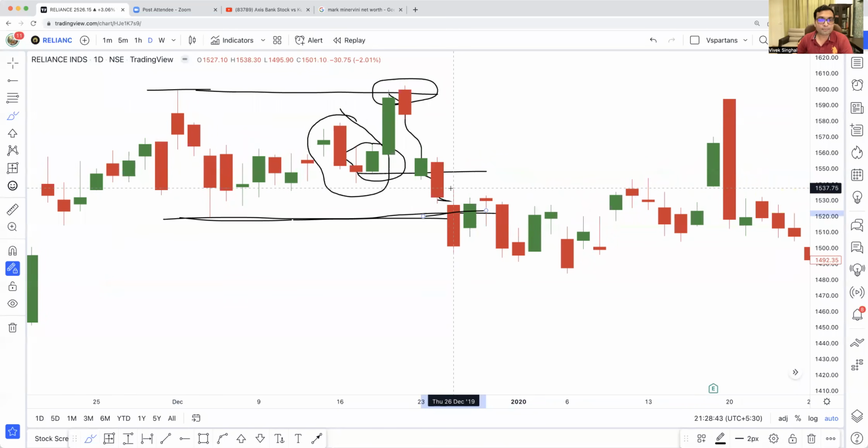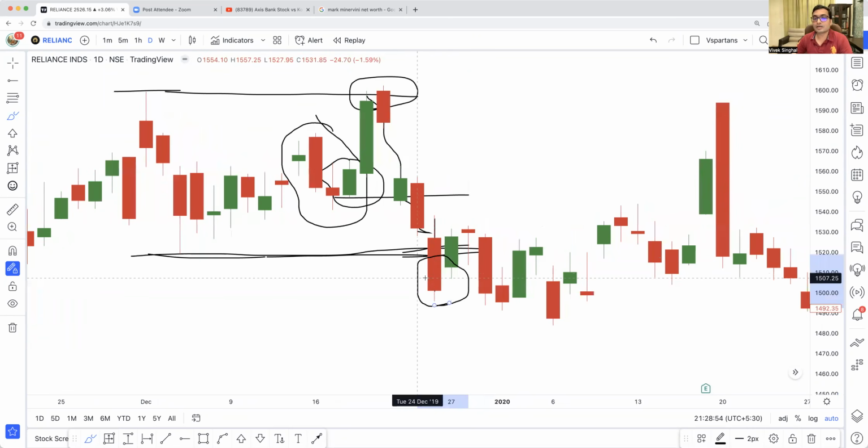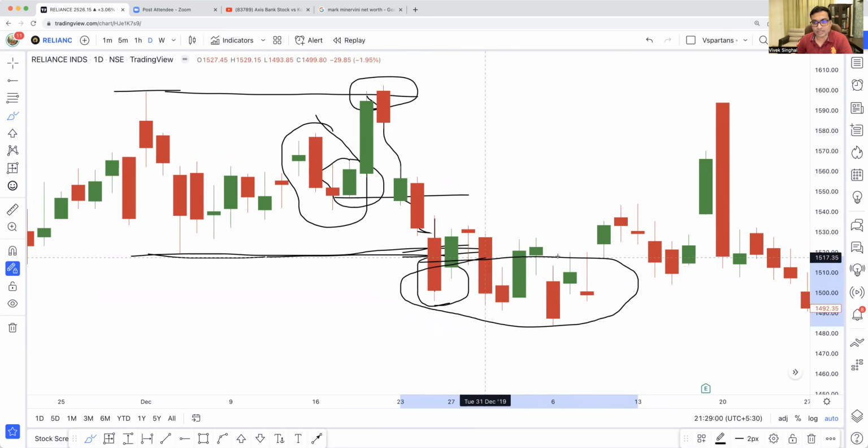And what did the operator do? The operator just pushed the price lower than this support. People sold off their stocks because there was a stop loss at this level, and the operator was buying only below this level.